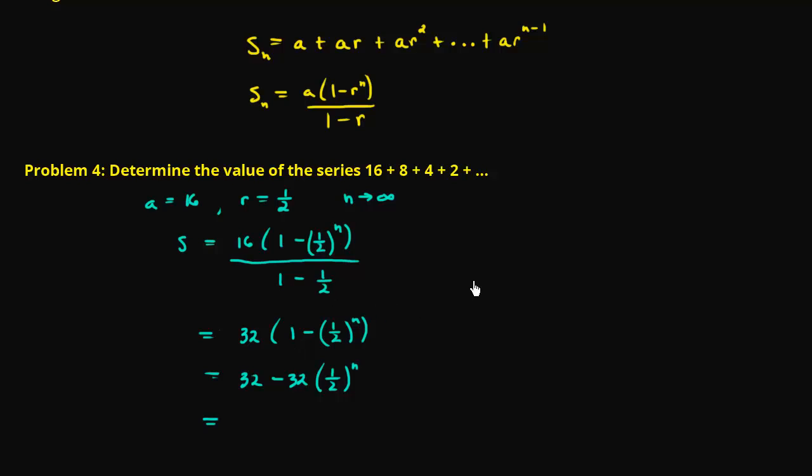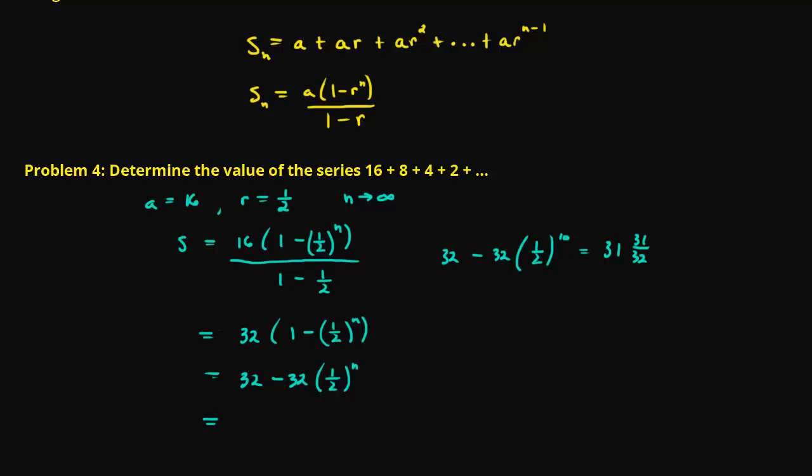Let's think, if there's only 10 terms in this series, what are we going to have? So we have 32 minus 32 times 1/2 to the power of 10. What's that going to be equivalent to? Well, if we perform that on our calculator, we would get that this is equal to 31 and 31 over 32.